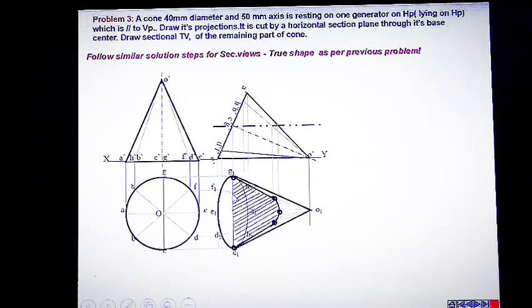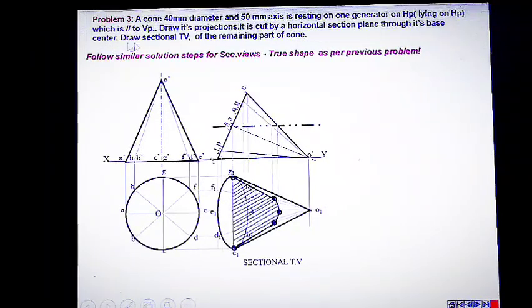Okay, now you can hatch the sectioned surface like this and you can mark sectional top view, elevation, then draw the sectional top view of the remaining part of the cone as asked. So we got the sectioned surface in the plan, the top view of the solid.